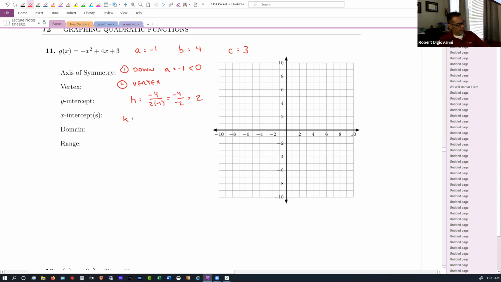And then to get K, we plug that 2 into the original function. And again, be careful here. We're doing -1 times 2 squared plus 4 times 2 plus 3. So again, I want to reiterate that negative in front. Treat it like a -1 and just wait.